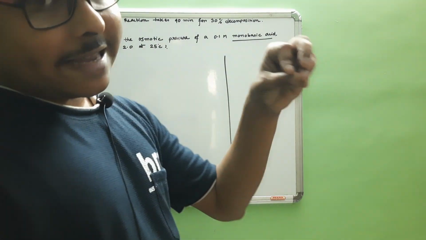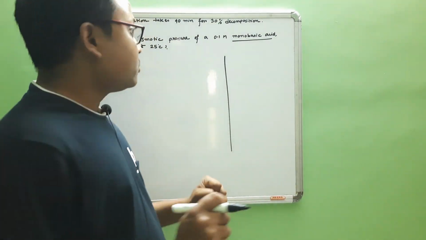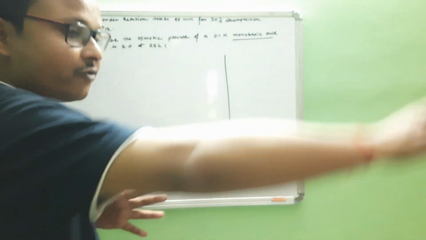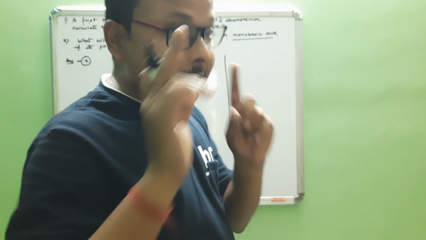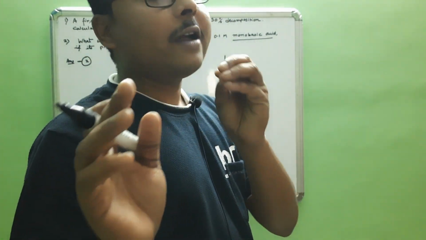As it is an acid, it must dissociate in the solution. So you cannot use the simplest form of osmotic pressure; rather, you take into consideration the Van't Hoff factor.